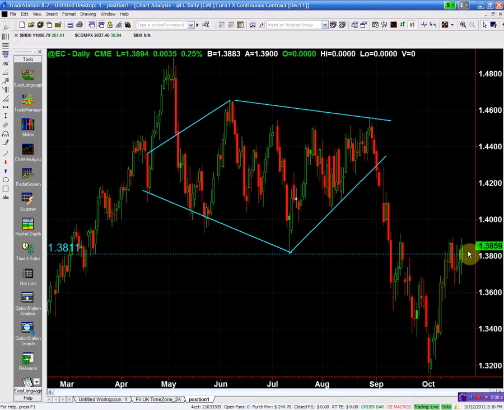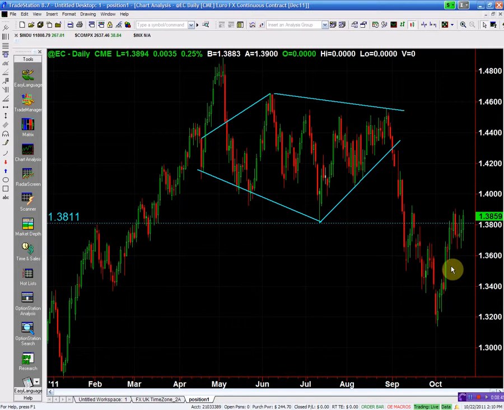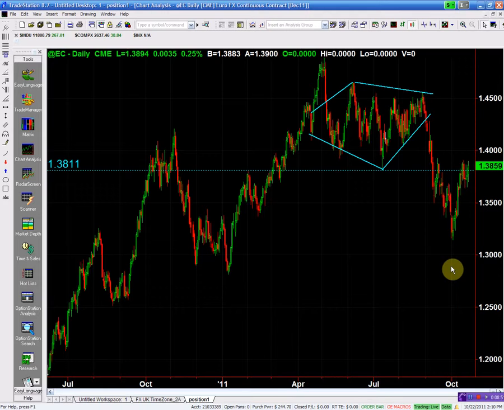We have been testing it now for the last week. We closed above that structural point, and what that means is that we are possibly going to get a short covering rally in the euro as long as it stays above the 138.11.